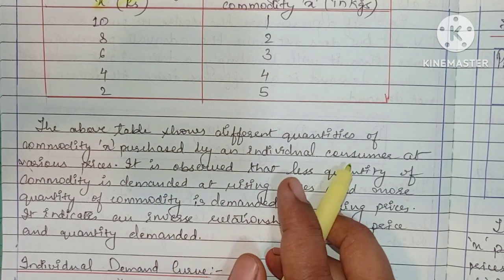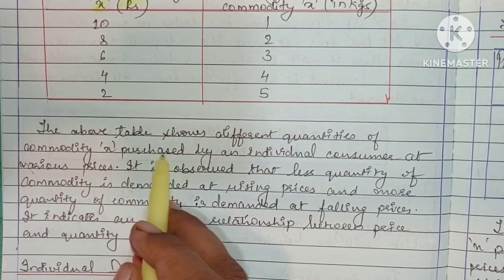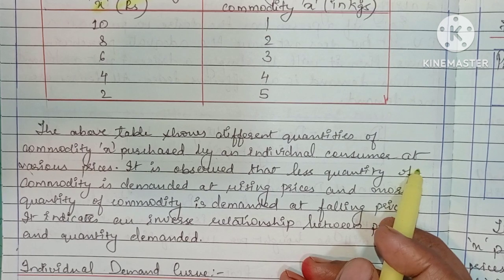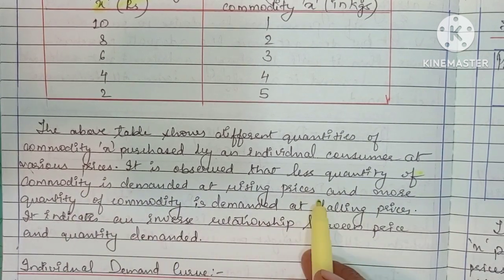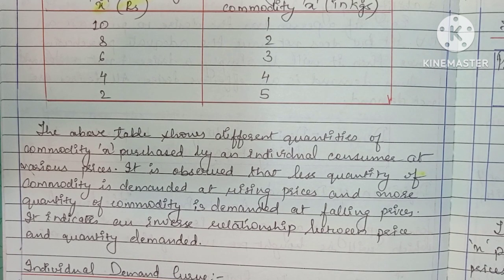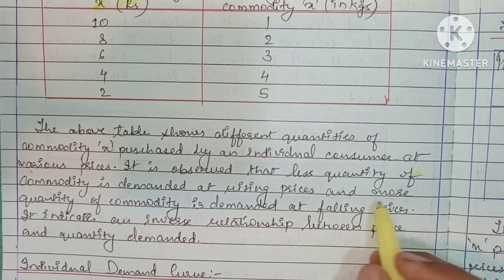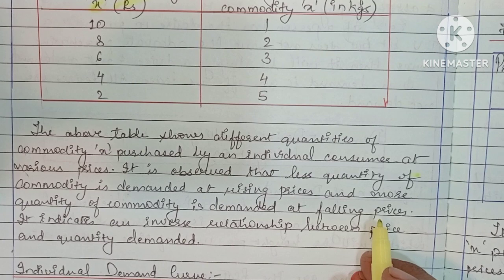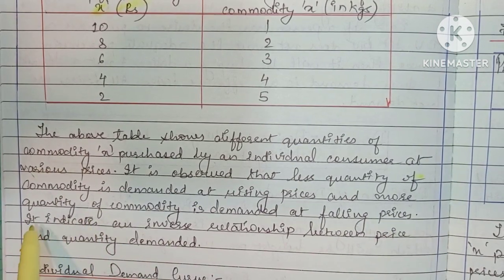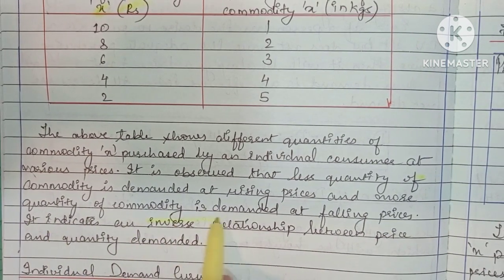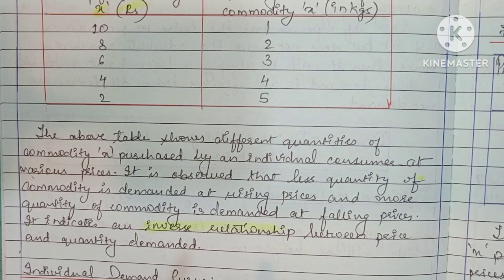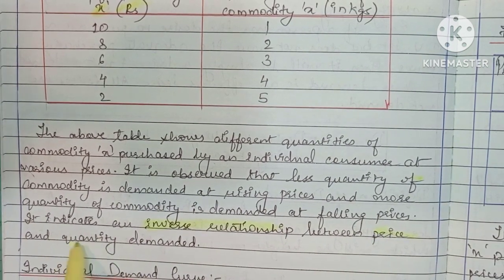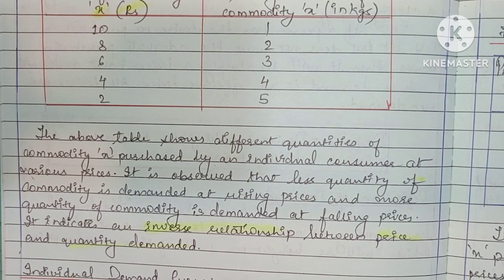It shows different quantities of commodity X purchased by an individual consumer at various prices. It is observed that less quantity is demanded at a rising price. That is human tendency. If the price is high, we buy less of it, and more when the price is falling. It indicates an inverse relation between price and quantity demanded.